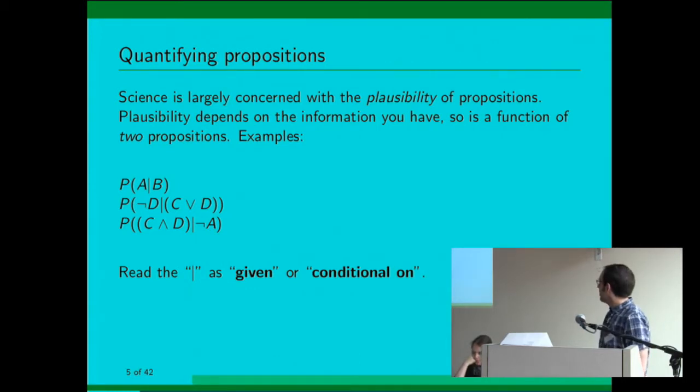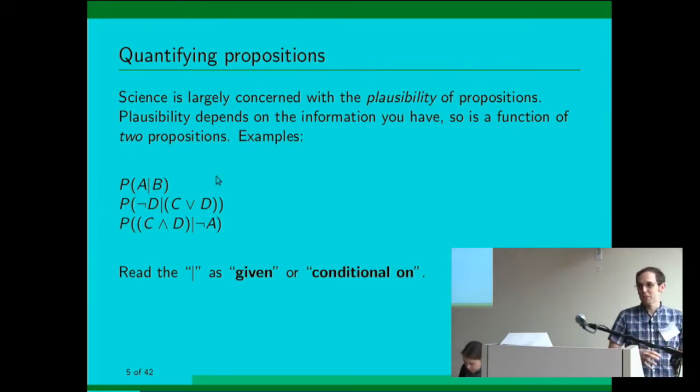We might say, I'm very certain that the mass of the sun is greater than 10 to the 30 kilograms, or I'm not very certain that there was once life on Mars. So what we're trying to do is take propositions and assign real numbers to them. Every proposition we might be thinking of has a real number associated with it that describes how certain we are that it's true.